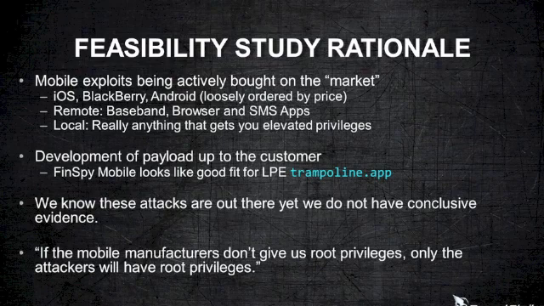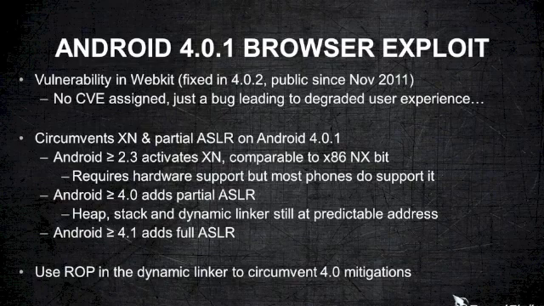But we wanted to know, is it actually feasible to create such an advanced targeted threat for ourselves? So we tried to build this, and it's basically two things. First, there's an Android 4.0.1 browser exploit, which is exploiting a vulnerability in WebKit for remote delivery.